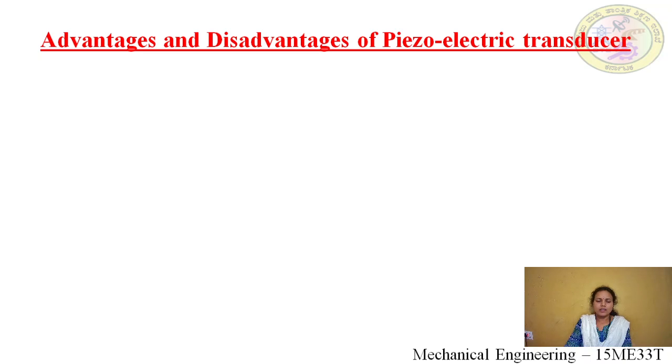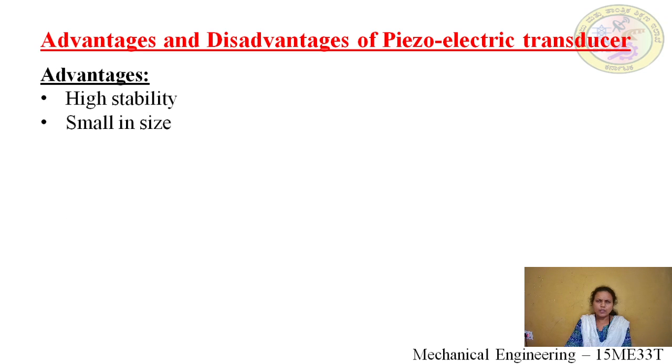Next, we shall see the advantages of the piezoelectric transducer. The first advantage is it has high stability. We saw this in the desirable properties as well. It is stable at all conditions.